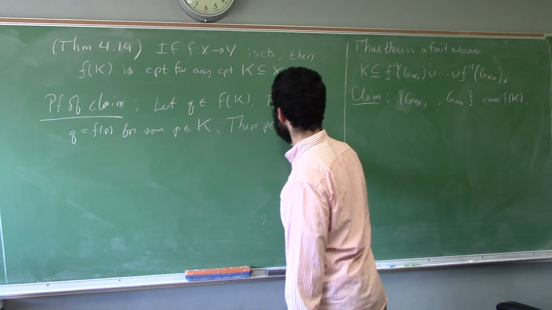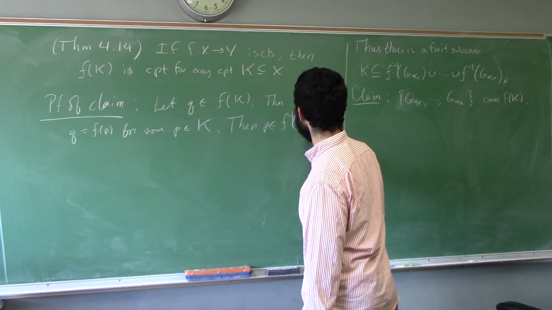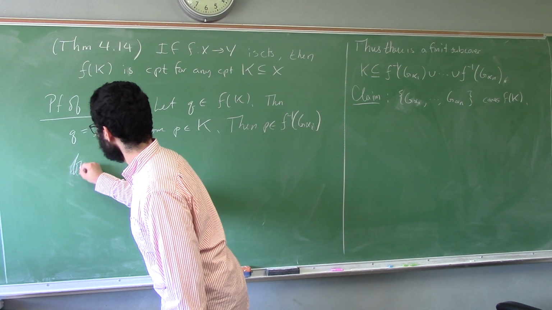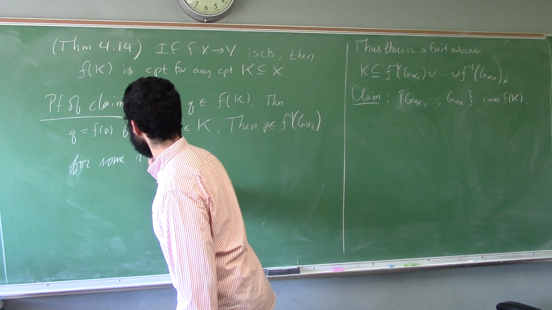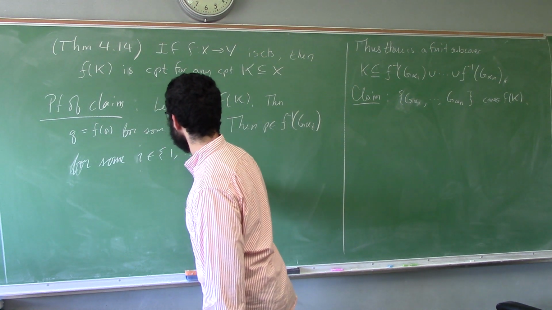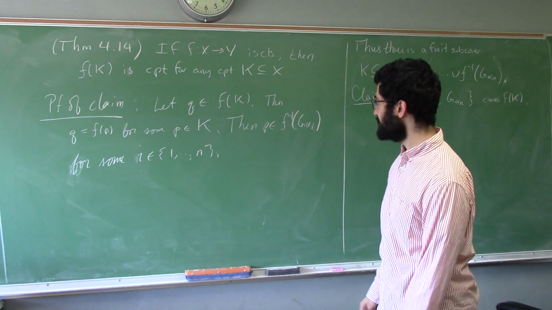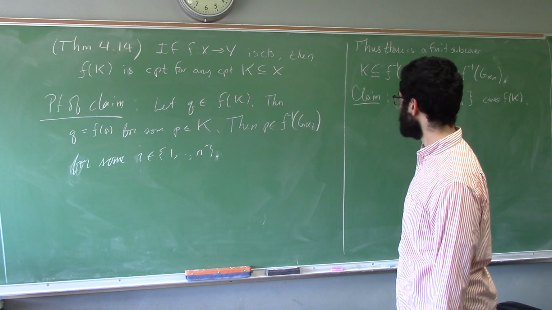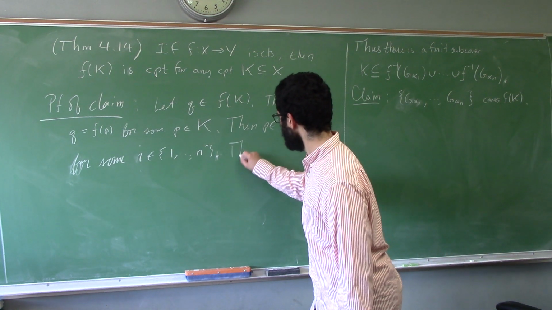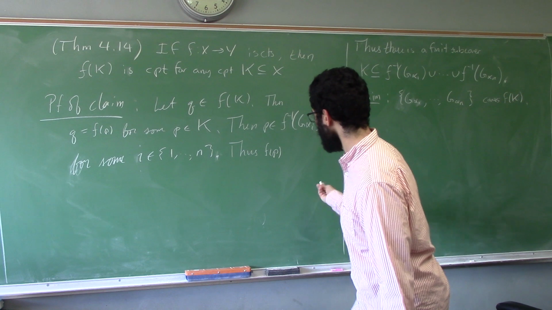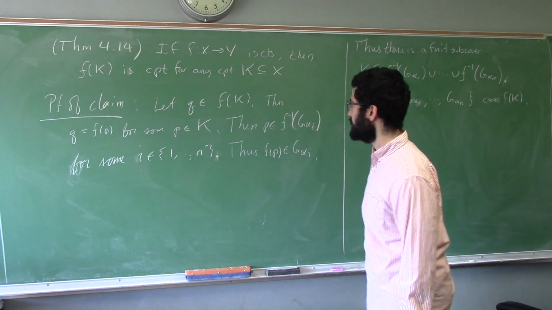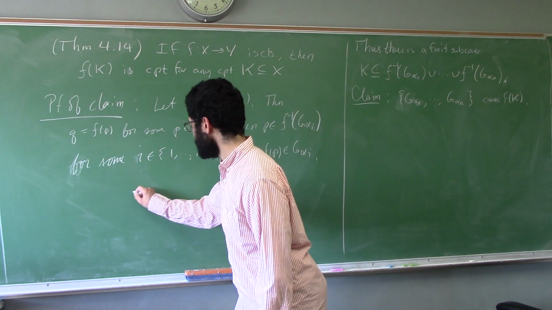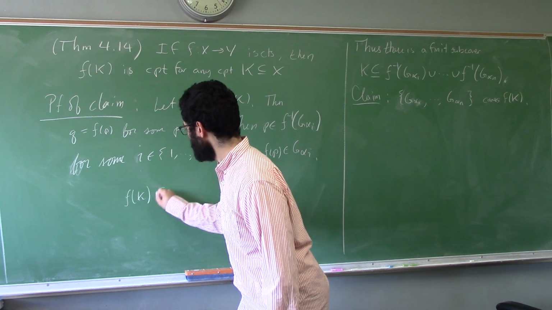Then P is in the preimage of G_alpha_i for some i running from 1 through n. Therefore, f(P) is in G_alpha_i. And I think that's it. We've now proven that f(K) is a subset of the union.